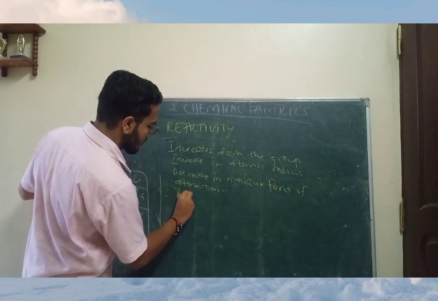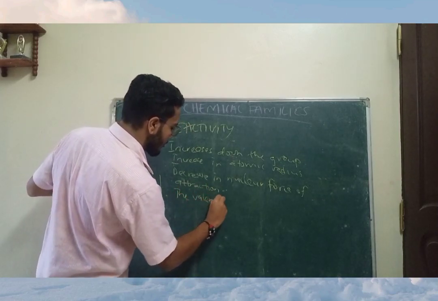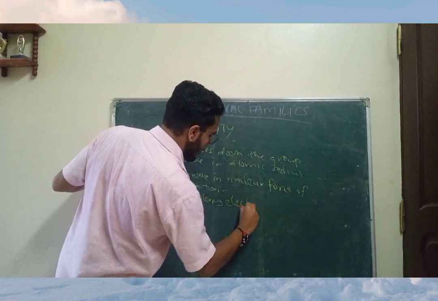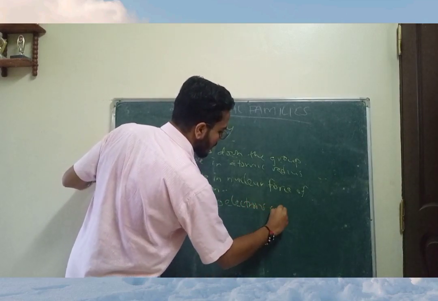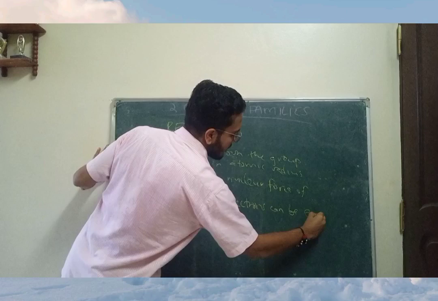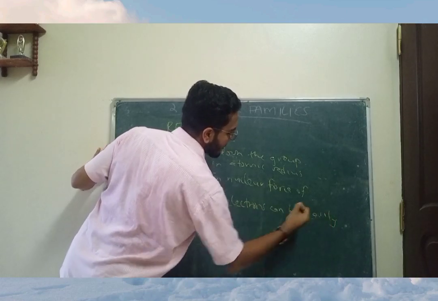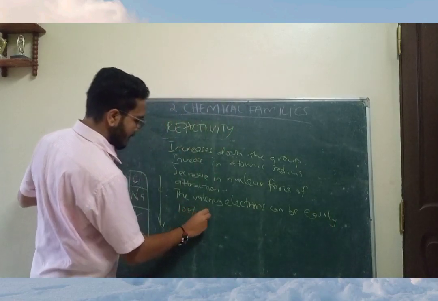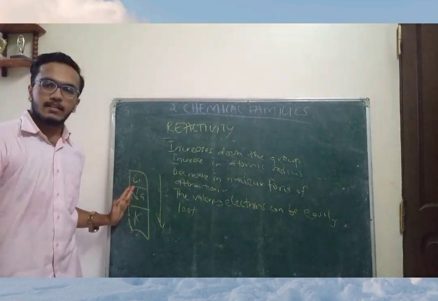The valence electrons can be easily lost. So potassium is more reactive than sodium.